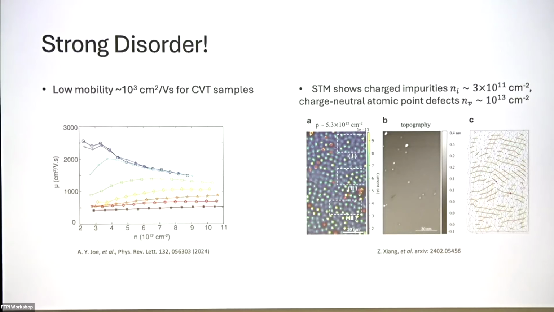So that's a lot of charge impurity concentration. And one interesting thing here is they see the Wigner crystal at a very high concentration, 10 to the 12, which corresponds to rs, maybe like 1 to 10, not very high, but they can still see these sharp dots of electrons.